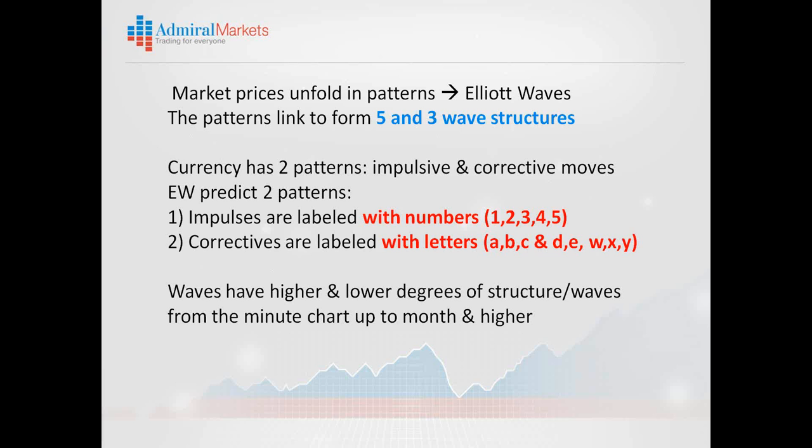Now, the 5-wave pattern in itself is an impulse, and the waves are numbered 1, 2, 3, 4, 5. But not all of these 5 waves are impulses. Waves 1, 3, and 5 are impulsive, going with the trend, normally speaking, and 2 and 4 are corrective within this 5-wave impulse.